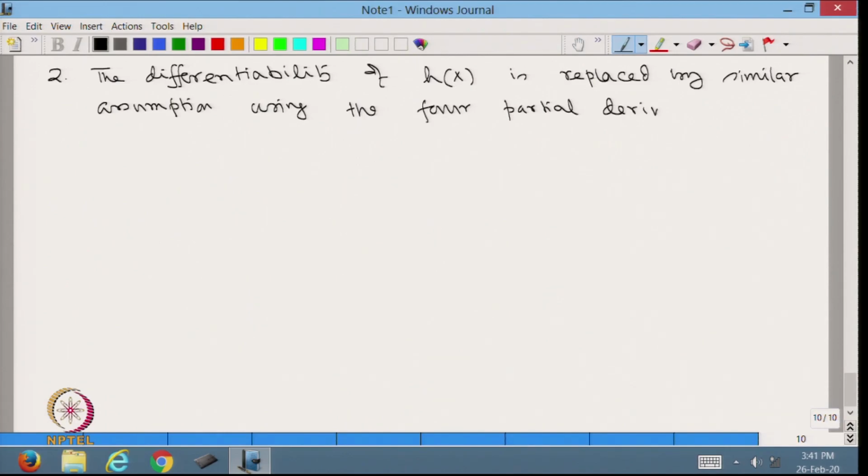As I have mentioned before, these are del x del u, del x del v, del y del u and del y del v.